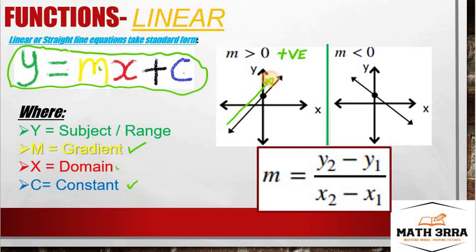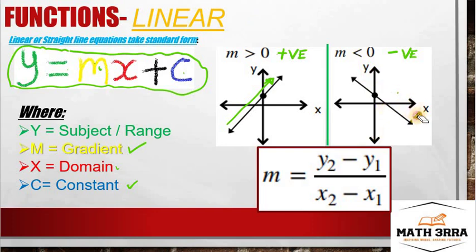This, I believe, is something you are already familiar with from the lower grades. And vice versa, if our gradient is negative, we would have a slope that is decreasing as we go from left to right, as is the case in the second scenario in here.